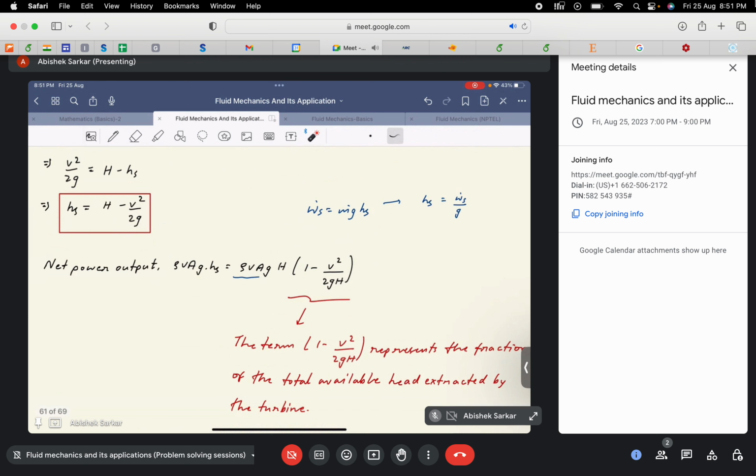Because if h was the total potential energy head, the energy by virtue of its elevation from the ground, right? Then we have only h(1 minus v square by 2gh), the net head extracted.